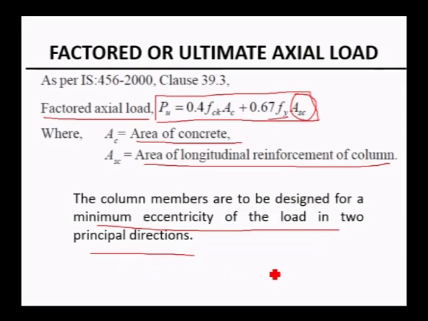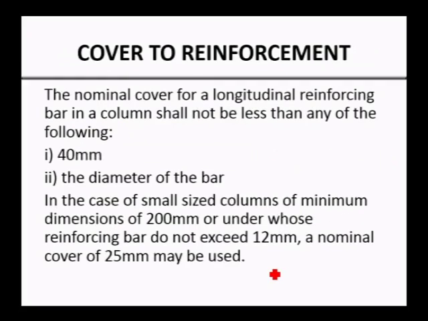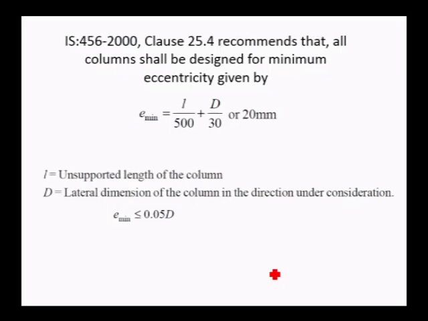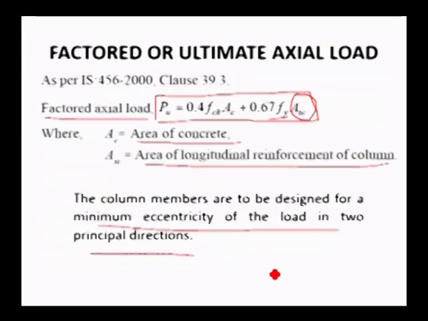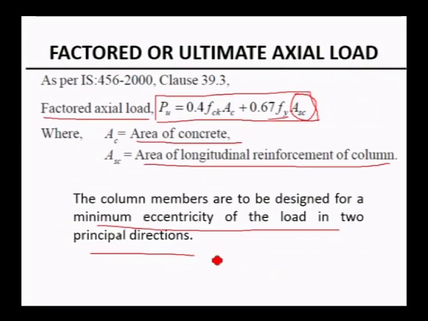First we have to check minimum eccentricity, and then the column should be designed. For that minimum eccentricity, using the formula given in the previous slide, you have to calculate the minimum eccentricity and then check whether it is within the prescribed limit. If it is within the limit, then only we can go for this formula.